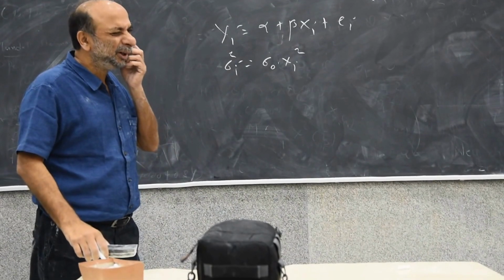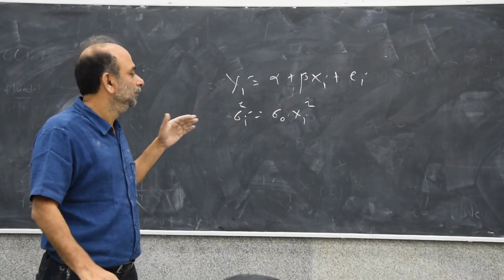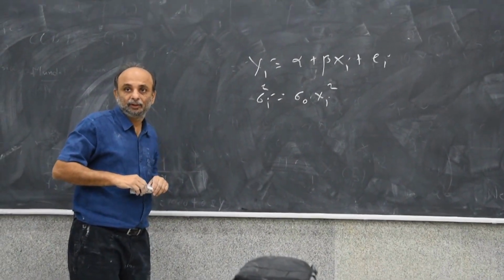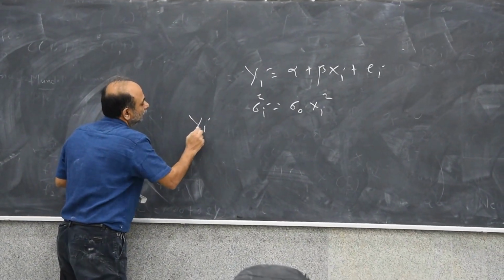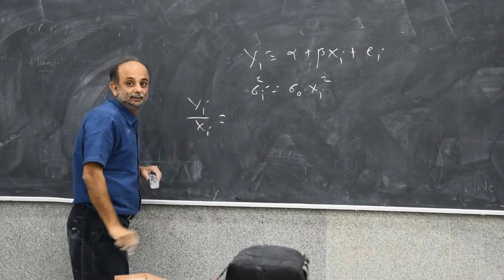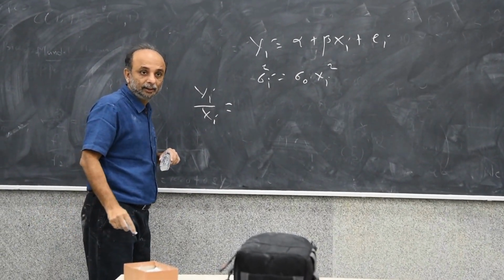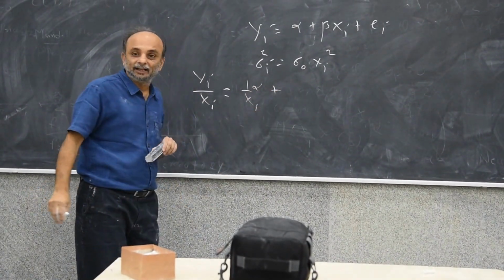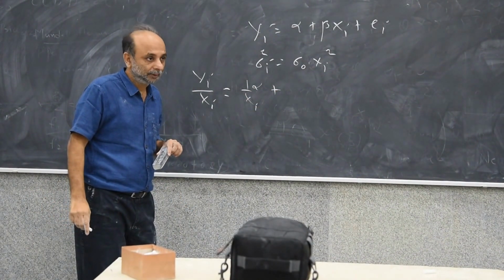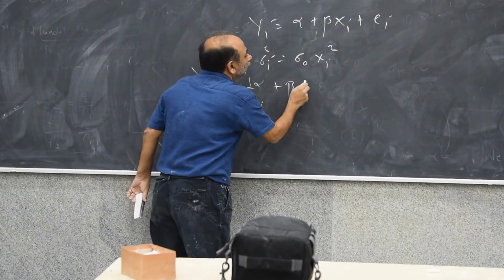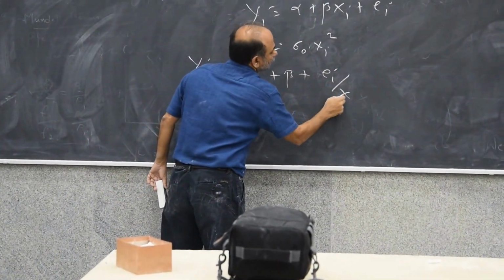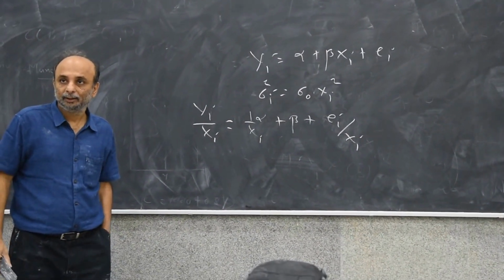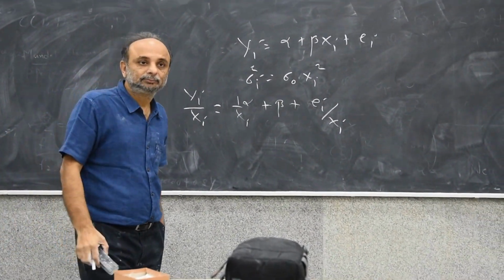It makes a little bit of a complication, but okay. So if I divide everything by xi, what will I get? I get yi upon xi is alpha times 1 upon xi, plus beta, plus ei upon xi. Right, friends?